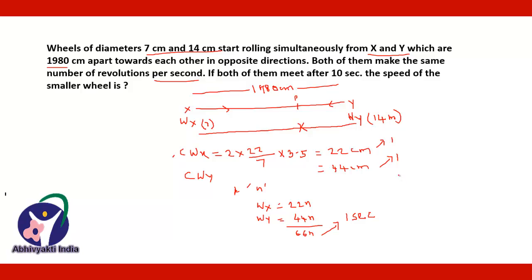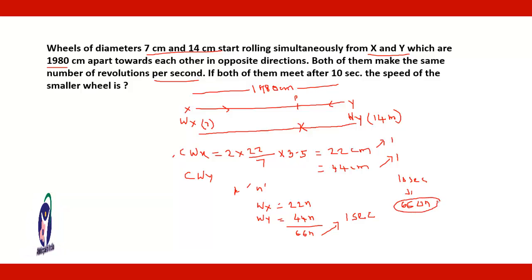Therefore, the distance covered in 10 seconds will be equal to what? It will be 66N into 10, that is 660N. Now this is the distance covered by both the wheels, and the distance covered by both the wheels in 10 seconds should be equal to what? 1980.